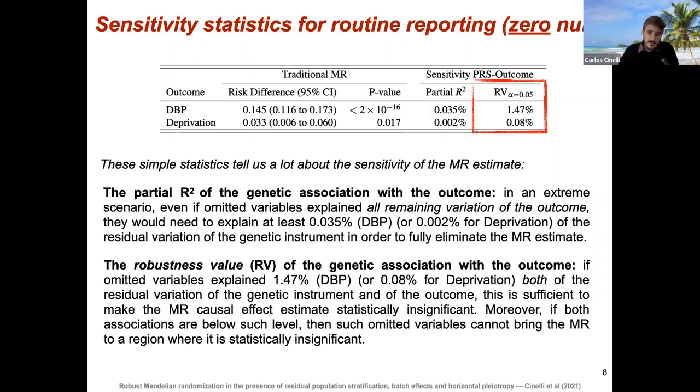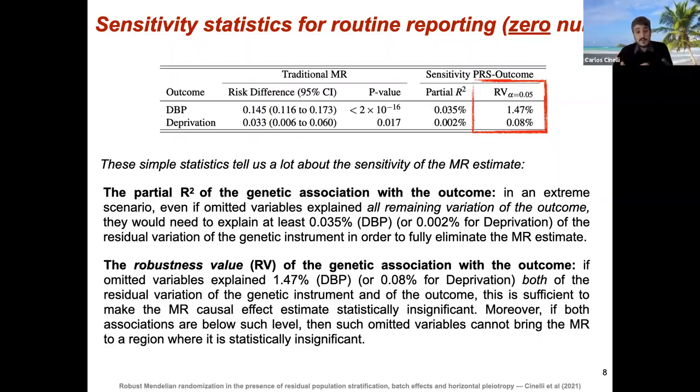So this leads us to the robustness value. The robustness value of 1.47% for diastolic blood pressure tells us that if the genetic instrument explained 1.47% of, say, a pleiotropic trait, and this trait explains 1.47% of the residual variation of diastolic blood pressure, then this pleiotropic effect would be sufficient to make the MR estimate statistically insignificant. And it also tells us that at least one of these associations needs to be greater than 1.47%.